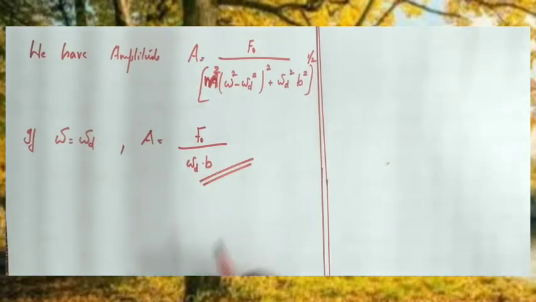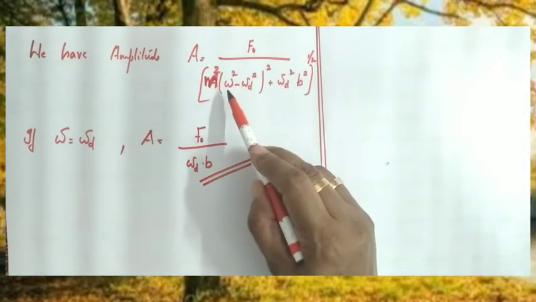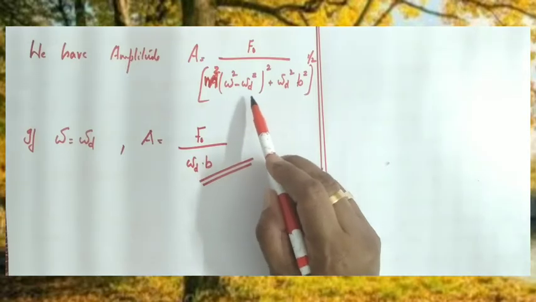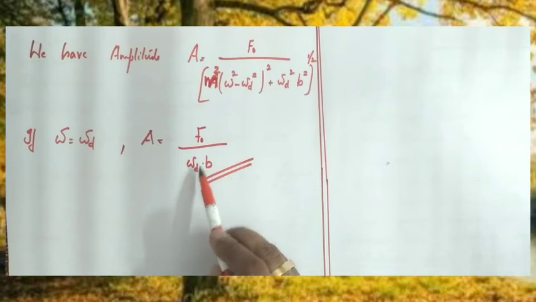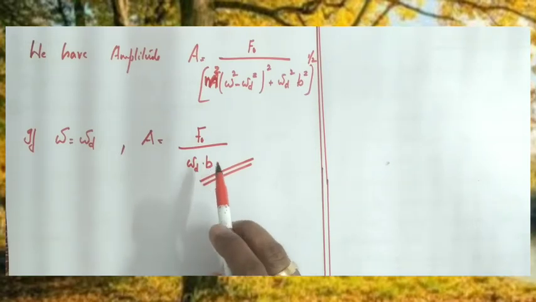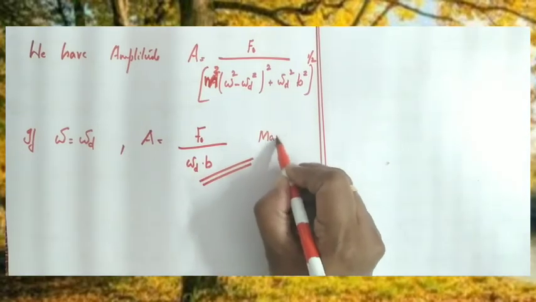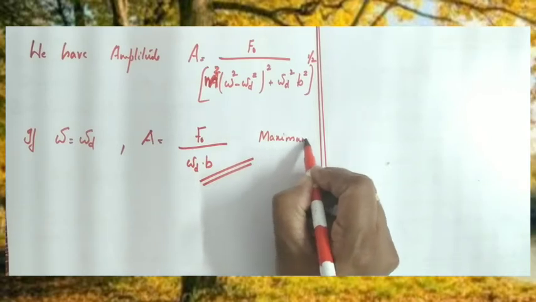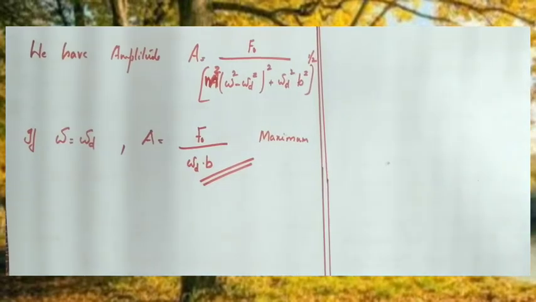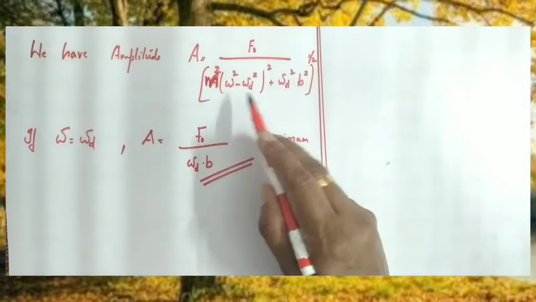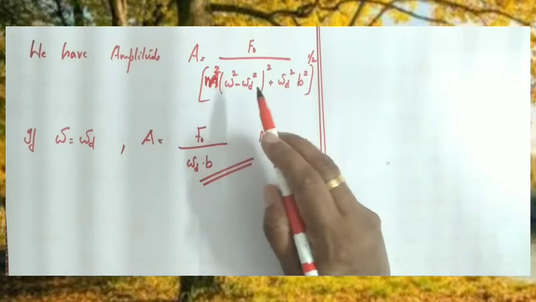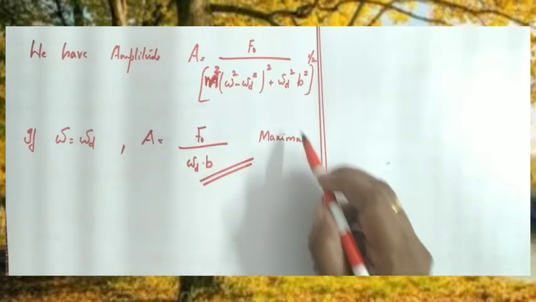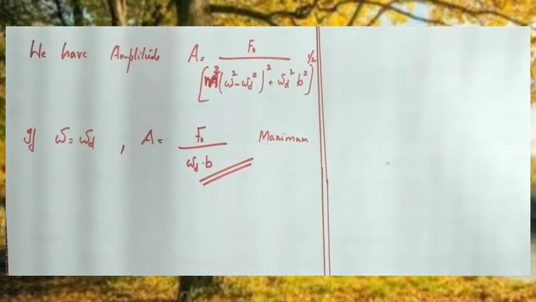Clear? So if the natural frequency omega and the driven frequency omega d are equal, amplitude becomes F0 divided by omega d into b. That means amplitude is maximum. So what is the condition for maximum amplitude? If the natural frequency and the frequency of the driving force are equal, then the amplitude becomes maximum.